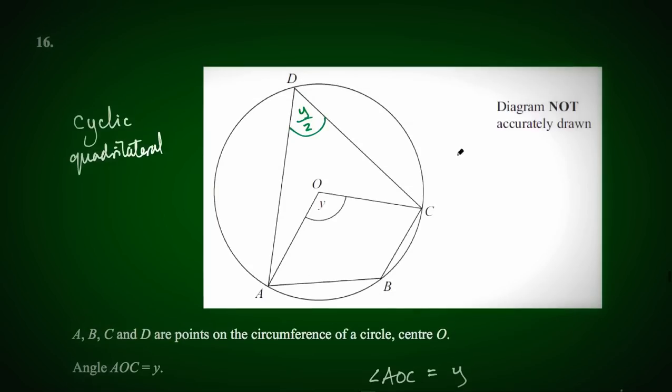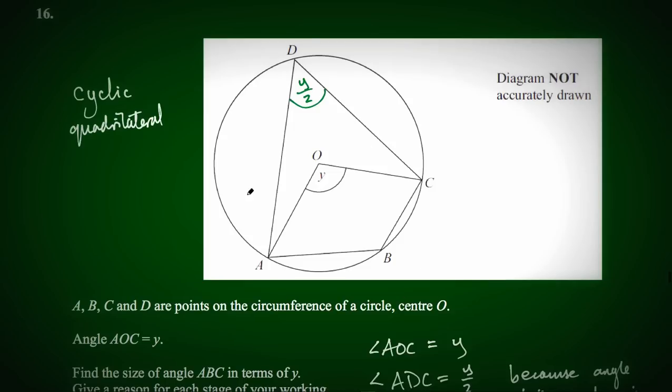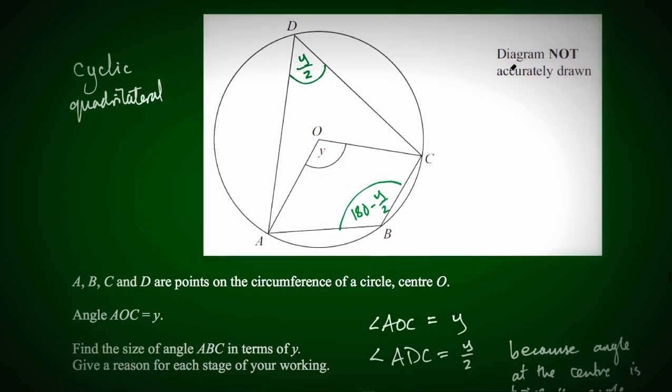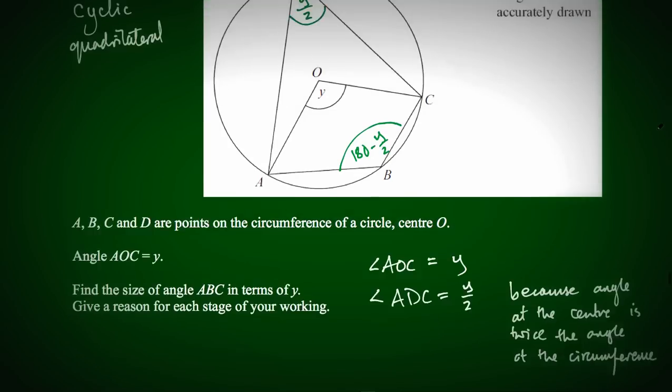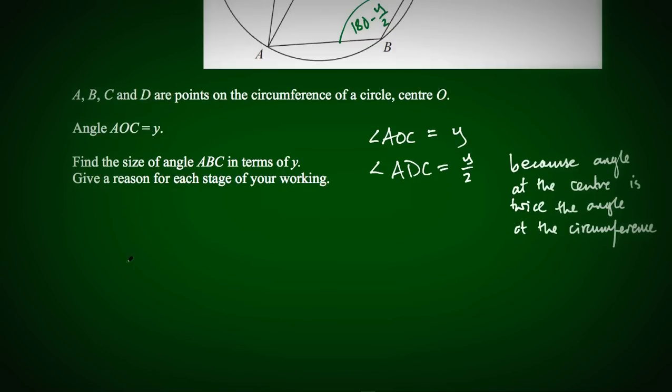And then ABC is going to be 180 minus that, because of this cyclic quadrilateral rule. 180 minus y over 2. Angle ABC equals 180 minus y over 2. And there's nothing I can do to simplify that. That is the angle ABC in terms of y.